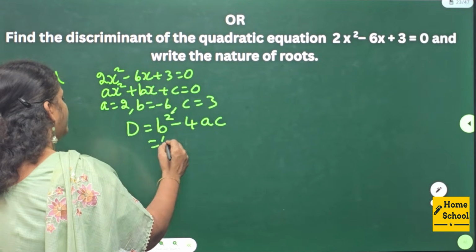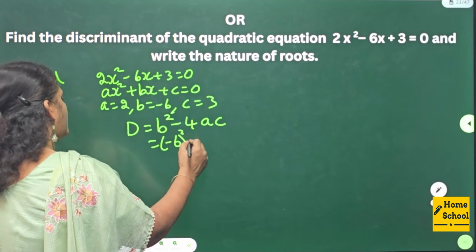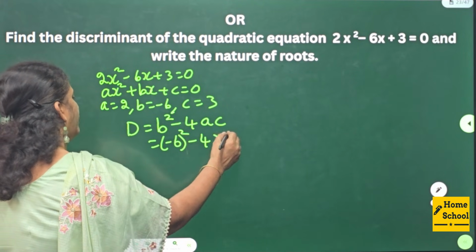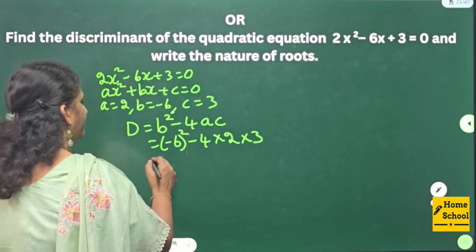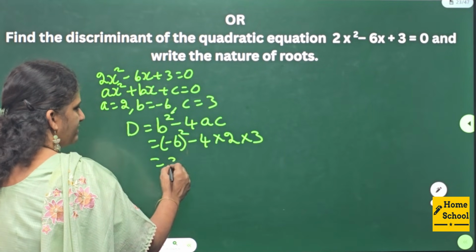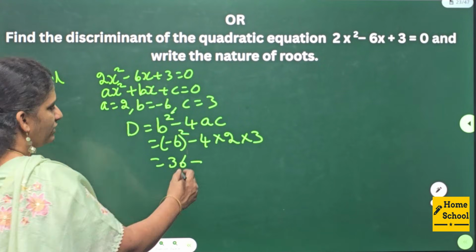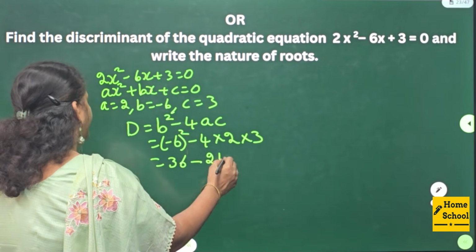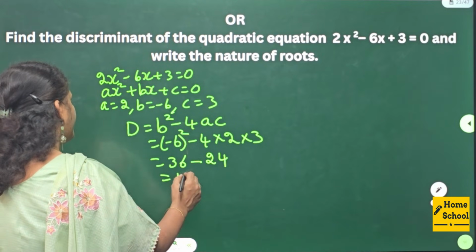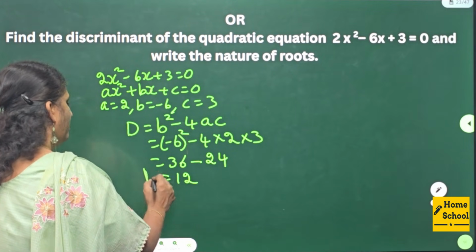Substitute these values. B value is minus 6 whole square minus 4 into 2 into 3. Minus 6 whole square is 36 minus 4 3s are 12, 12 2s are 24. 36 minus 24 will be 12.